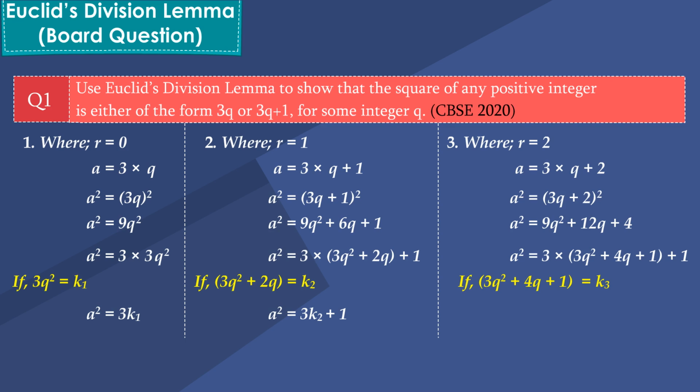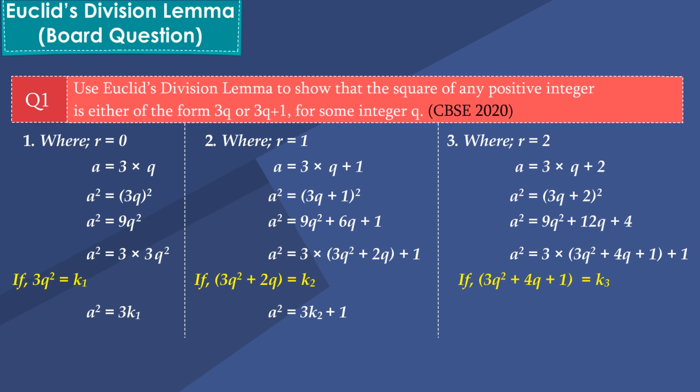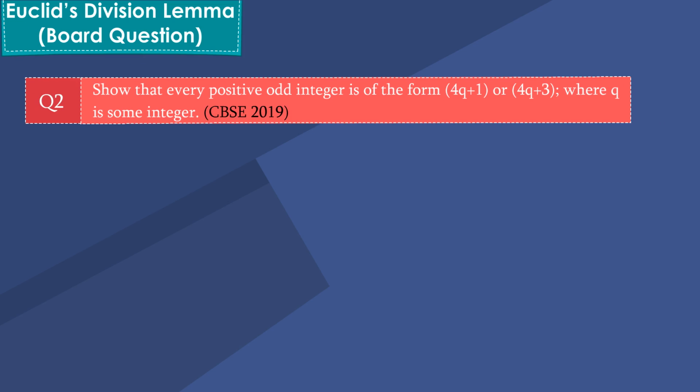Hence, we can see that here a square is equal to 3k3 plus 1. From the above three scenarios, we have proved that the square of any positive integer is either of the form 3q or 3q plus 1 for some integer q. Hence proved.